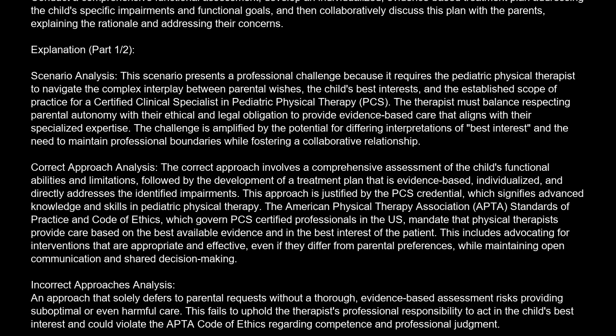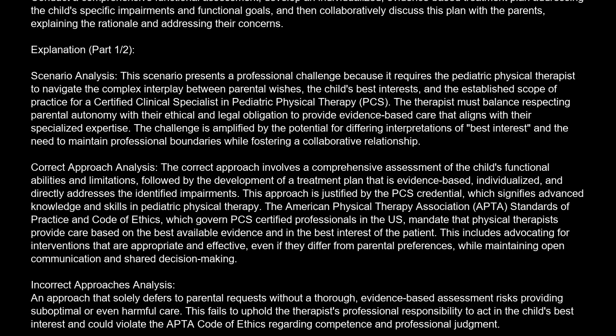The American Physical Therapy Association, APTA, Standards of Practice and Code of Ethics, which govern PCS certified professionals in the U.S., mandate that physical therapists provide care based on the best available evidence and in the best interest of the patient.